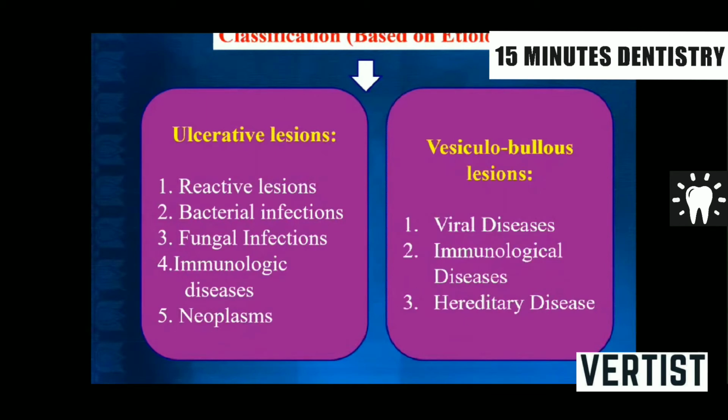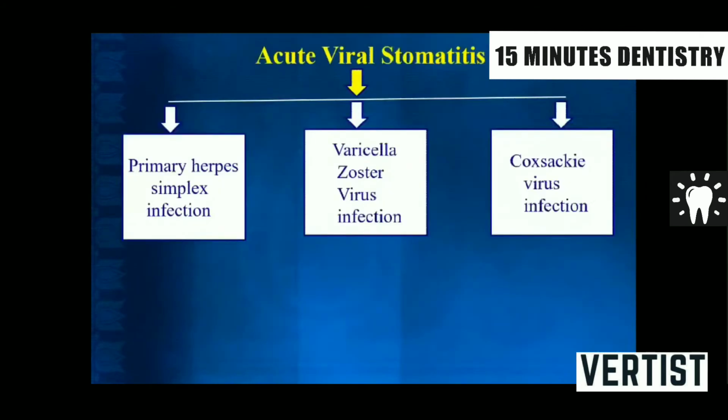In ulcerative lesions, they have further classified them according to etiology into reactive lesions, bacterial infections, fungal infections, immunological diseases, and ulcers related to neoplasm. Whereas vesiculobullous lesions they have divided into viral diseases, immunological diseases, and hereditary diseases. Sometimes the examiners might ask you this classification also, so you can read from the book mentioned below.